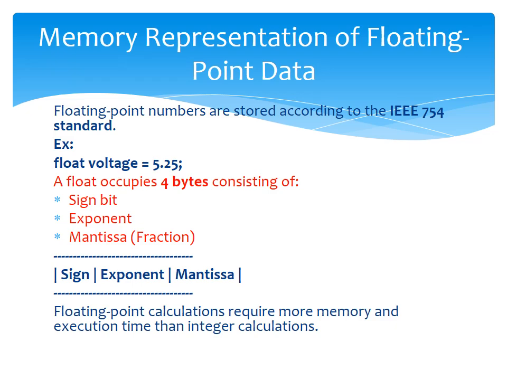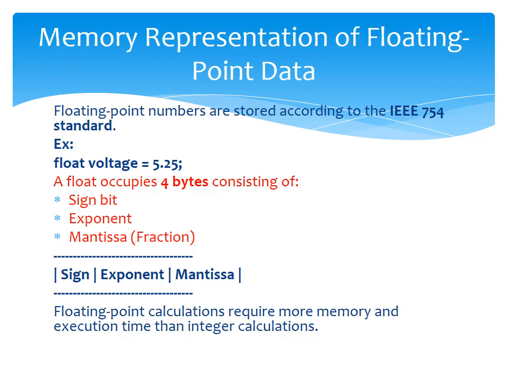Now the memory representation of floating point data. Floating point numbers are stored according to the IEEE 754 standard. You would have studied the single precision format and the double precision format.